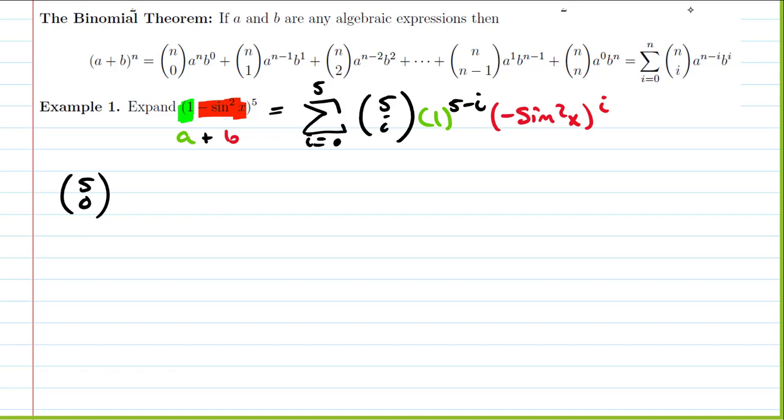So we're then going to have our B raised to the 0. We'll write it out.